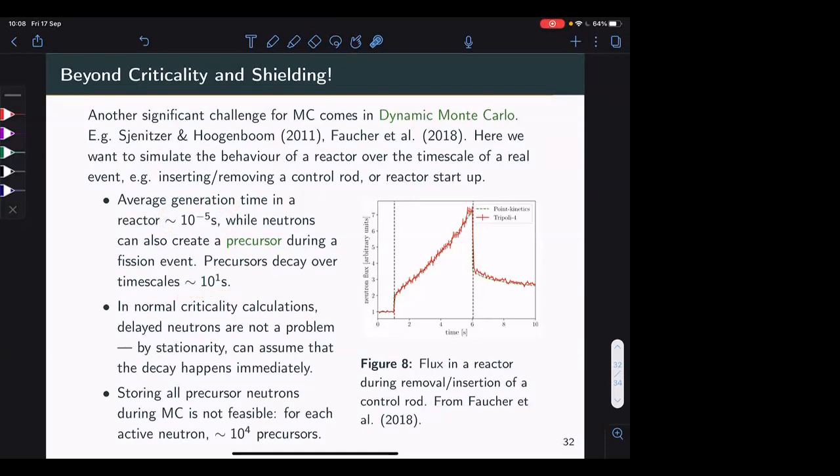So what's going on in the reactor can have an impact on timescales up here. If we see a sudden jump here, the time it takes for that to filter through can be of order tens of seconds. But in order to do Monte Carlo, we need to be doing it on order 10 to the minus 5 seconds. So there's basically a timescale issue here.